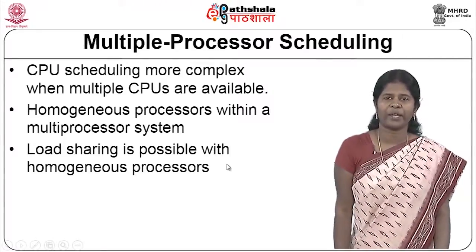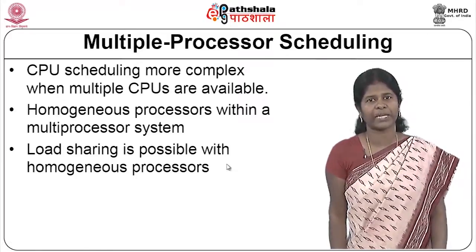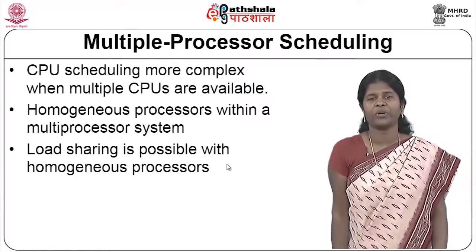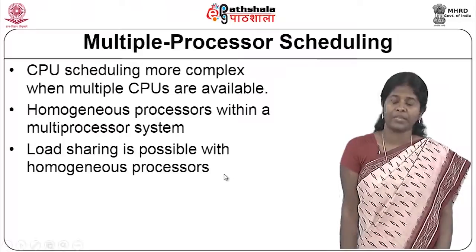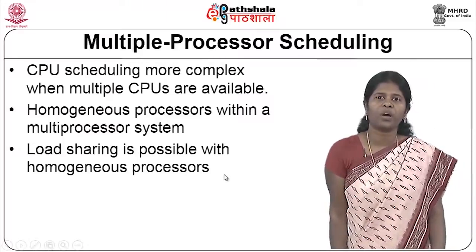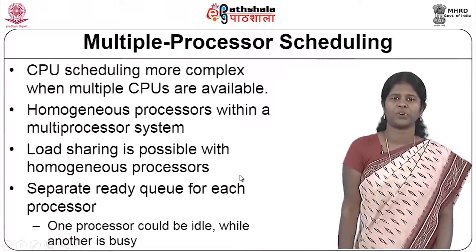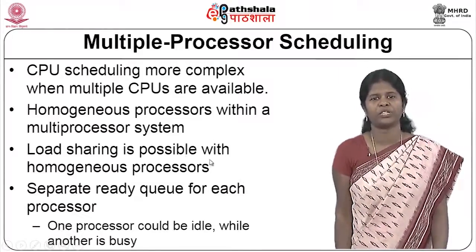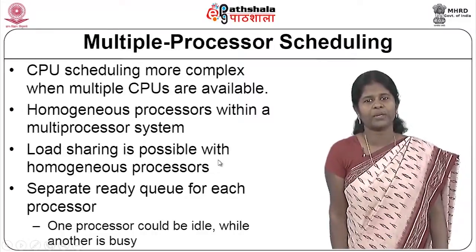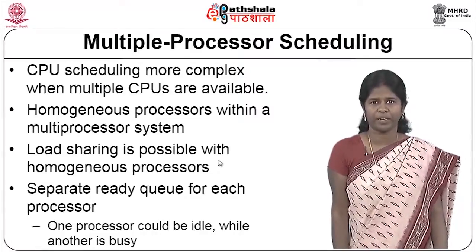So, when you have a number of processes waiting to get the CPU, what do you do? You try to assign the processes to all the processors that are available and try to get the work done as early as possible. And when you have homogeneous processors, there are two ways in which you implement the ready queue.